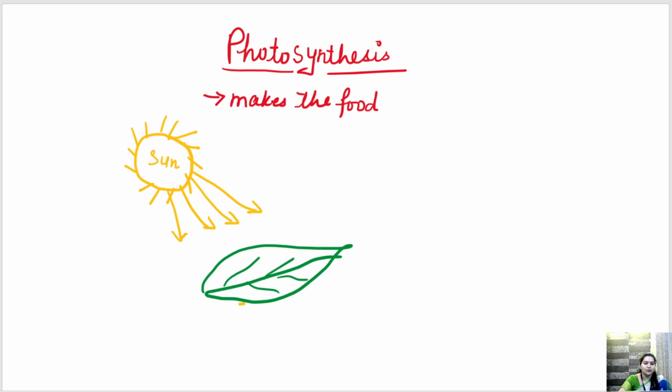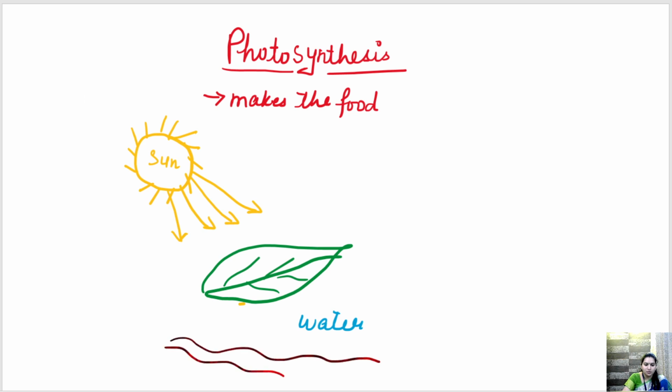Okay, and what else does it require? It requires water. Okay, they also require water, and water they get from soil. Water they get from, children? They get it from soil. Soil is present underneath.